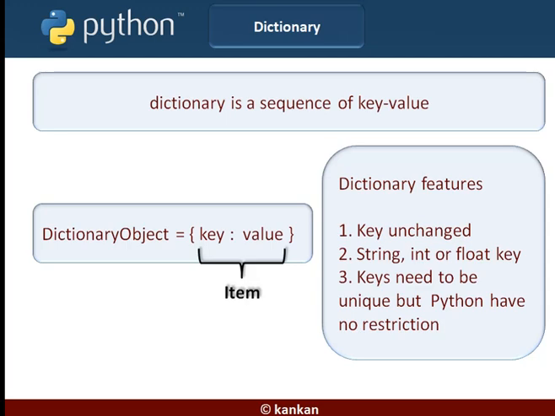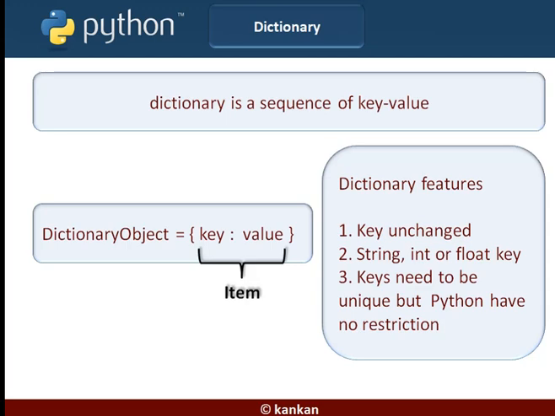So far we have learned about strings, tuples, and lists. In this module, module 5, we will learn about another useful built-in data type in Python, that is called dictionary. In a list, values are indexed by a range of numbers.